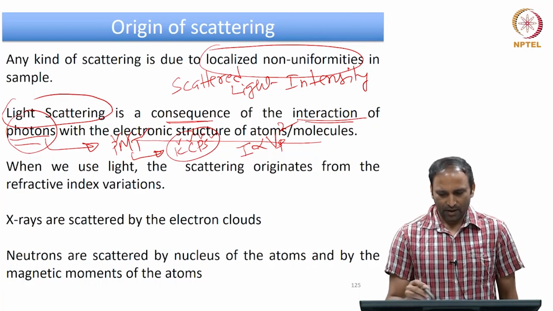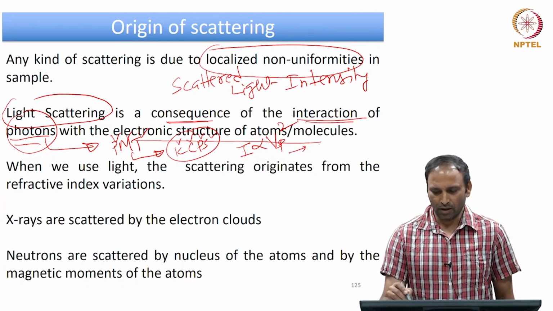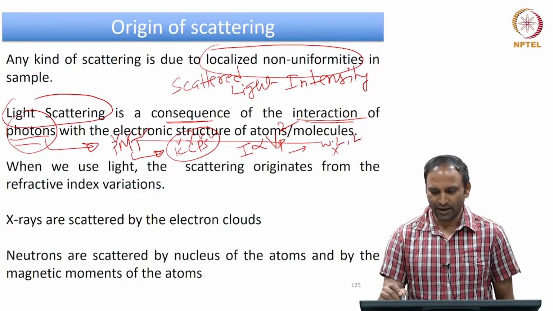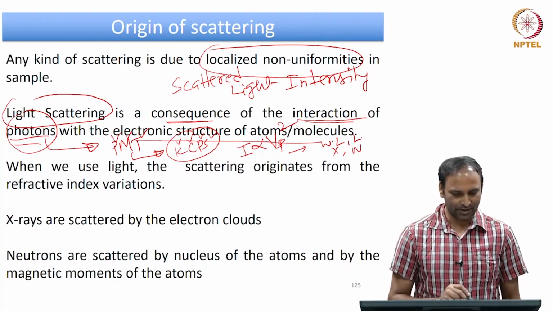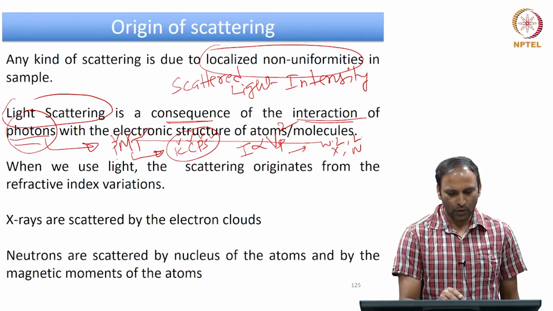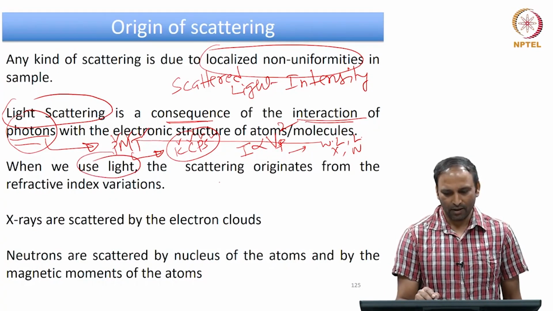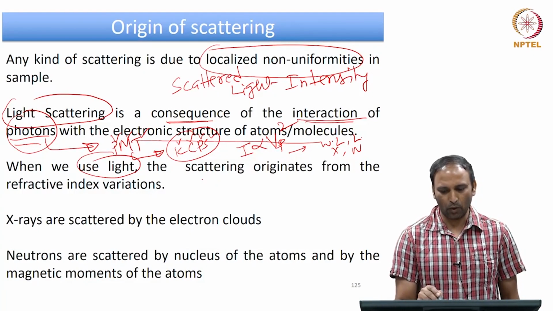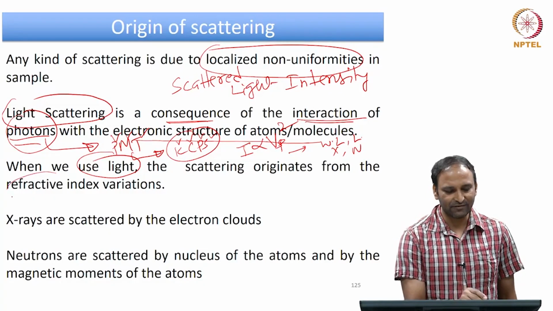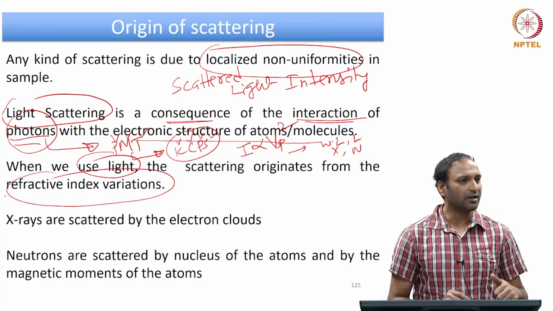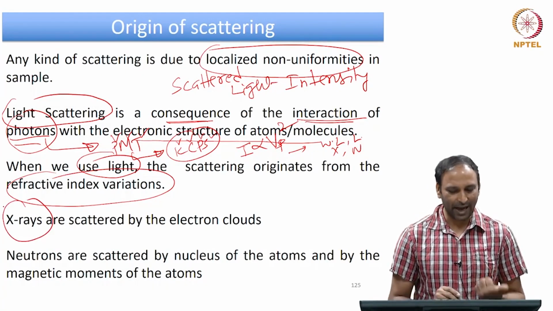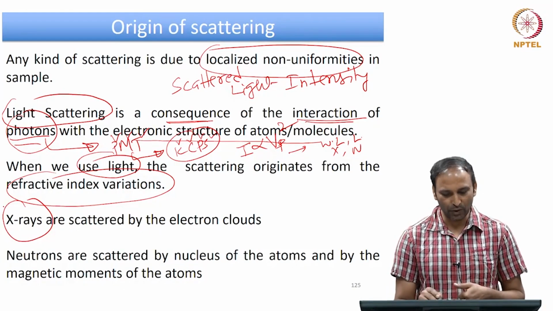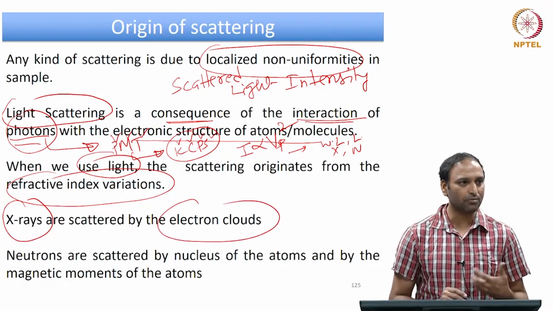Then as I mentioned, people can use white light, laser source, or X-rays or neutrons for scattering. When one uses white light, what is exploited is the difference in the refractive index between the particle and the medium. If X-rays are used, the scattering comes because of the interaction of X-rays with the electron clouds that the atoms and molecules have.